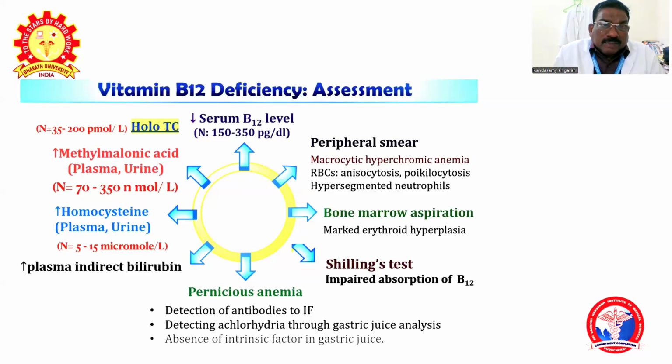Then we can also estimate methylmalonic acid, both in plasma and urine. The normal level of methylmalonic acid in the plasma is 70 to 350 nanomole per liter. In case of vitamin B12 deficiency, there is an increased level of methylmalonic acid in the plasma as well as increased excretion of methylmalonic acid in the urine.